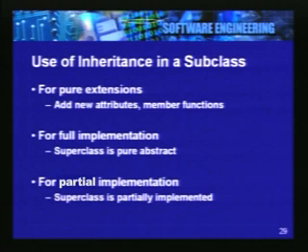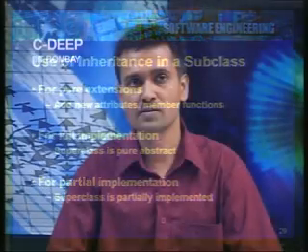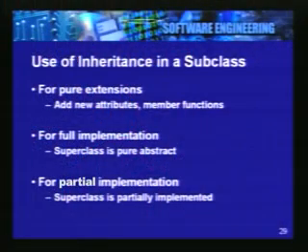You can add new attributes and new member functions. Your superclasses may be concrete classes, as described earlier, and you can add new attributes and new member functions to those superclasses. Or you can use subclasses as full implementations. This is applicable when you have a pure abstract class as a superclass.